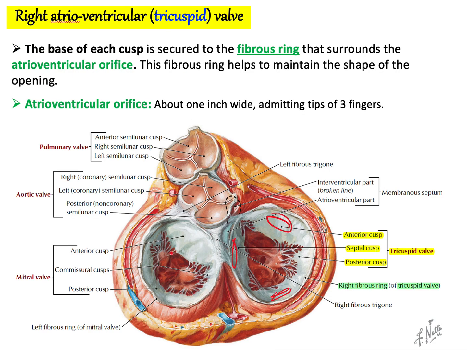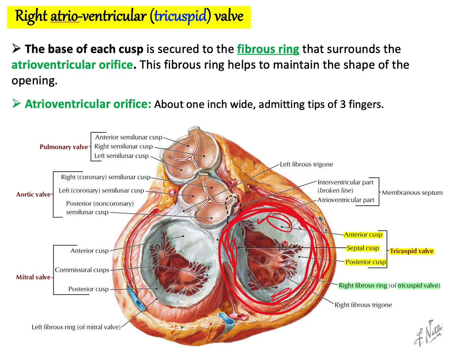Furthermore, as I mentioned a couple of slides ago, the base of the tricuspid valve is secured and surrounded by a fibrous ring known as the tendon of Todaro. This tendon gives the attachment for the tricuspid valve and supports the atrioventricular orifice itself, so it maintains the shape of this opening.